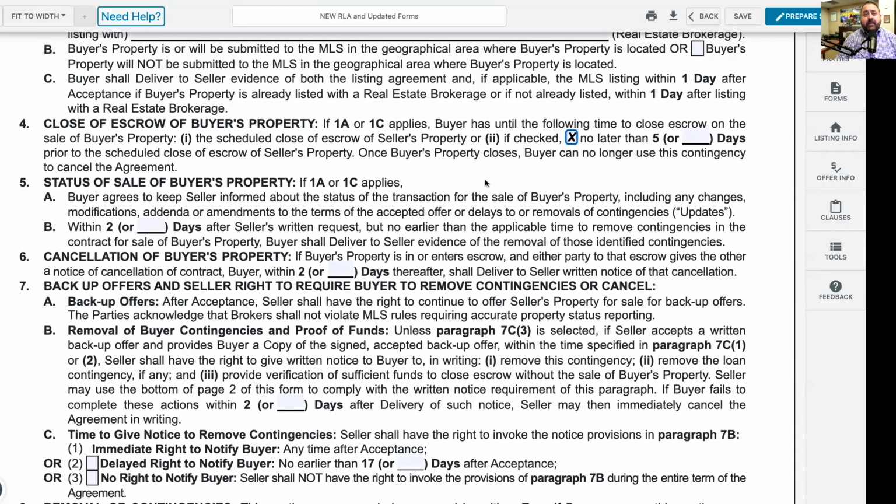No, that's okay. Again, if I'm the buyer, I'm going to leave it at the default that my contingency due date for close of escrow is the close of escrow date on the property I'm purchasing, right? So the due date for the close of escrow contingency on my down leg is the same as the close date on my up leg. I'm going to leave it alone. If I'm a listing agent and I want to put a little pressure on the buyer because the buyer failed to send a COP, it happens all the time.